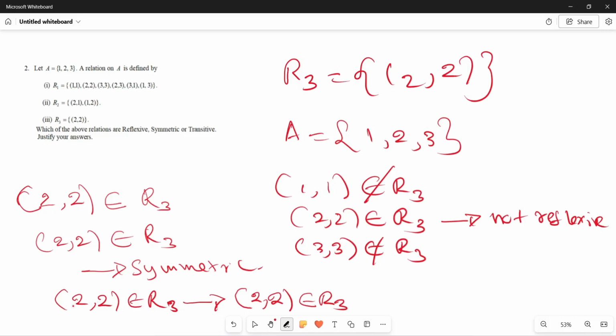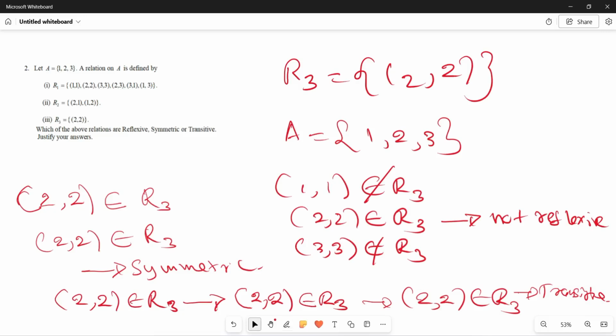So the starting is 2 and the ending is also 2. Then (2, 2) also belongs to R3. That means if it is going to itself, and only one is there, you can say it is transitive. Okay, if only one ordered pair is available and it is going to itself, that means it is transitive.